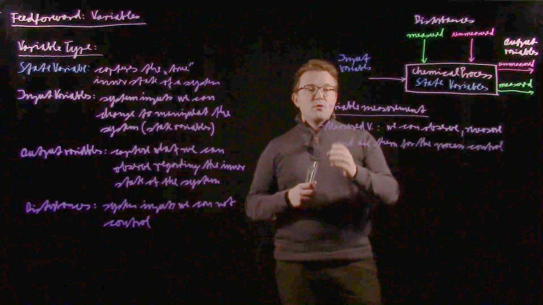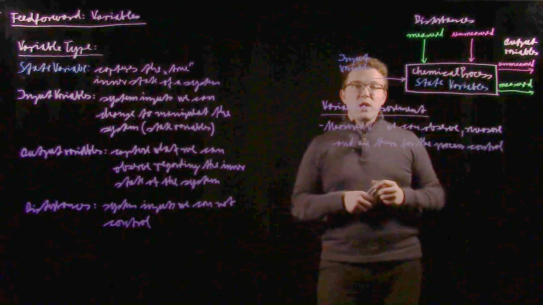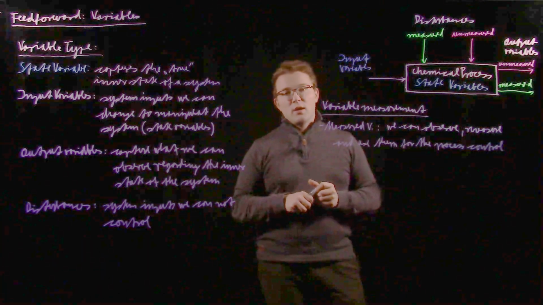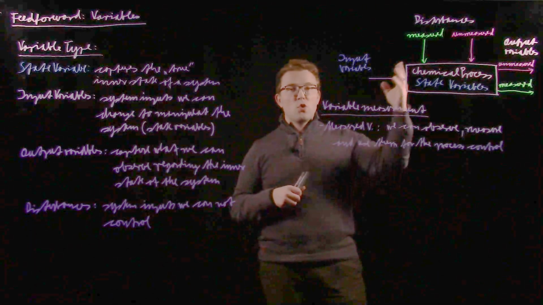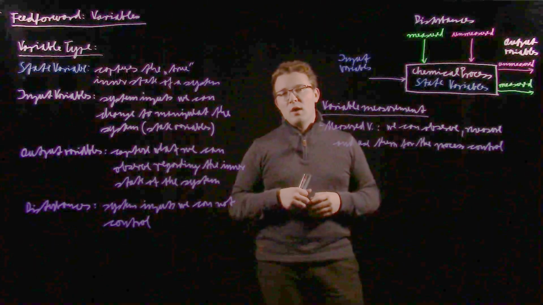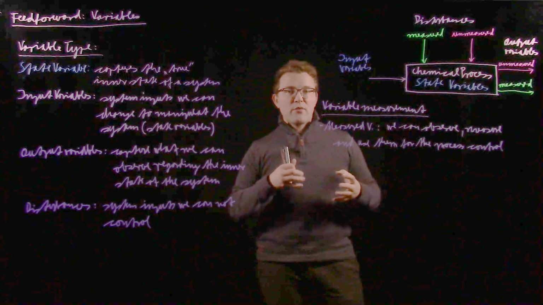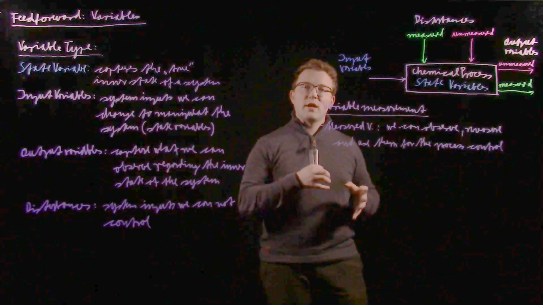In comparison to the measured variables, we also have the unmeasured variables, which are variables which we know that they are there, but we can't really measure them. For example, disturbances. If you imagine you have some kind of process which depends on a movement of a gas or something like this, you maybe know that there is some gas, but you don't know the exact movement.